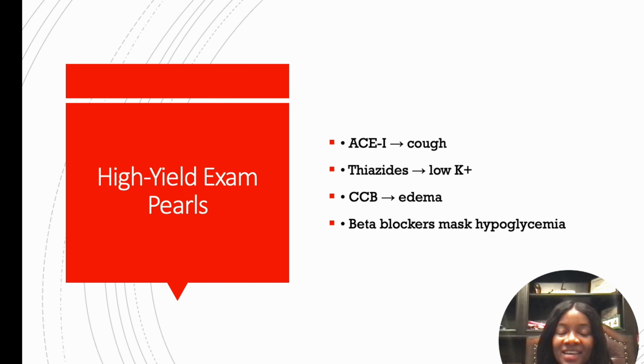On this slide, these side effects are frequently tested and commonly seen in practice. For your ACE, remember cough. Thiazides, low potassium. Calcium channel blockers, remember edema. Beta blockers, they mask hypoglycemia.